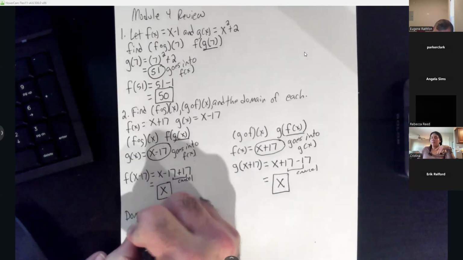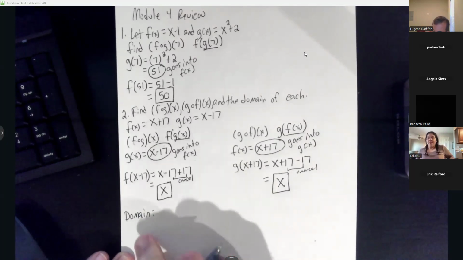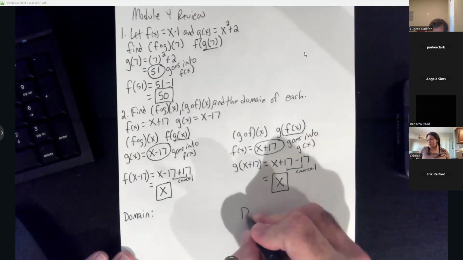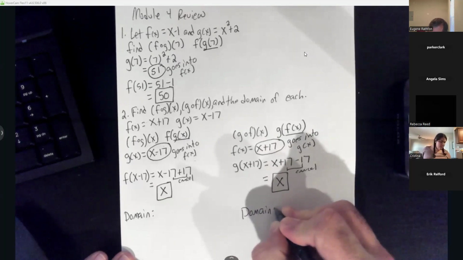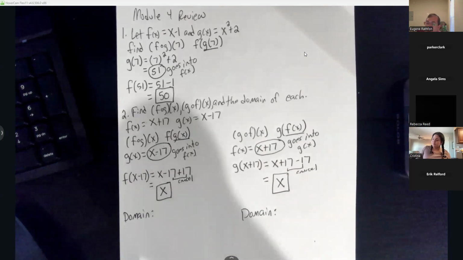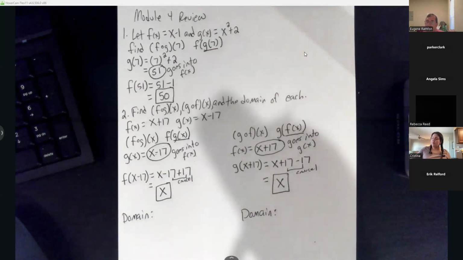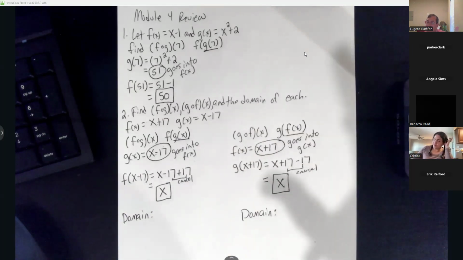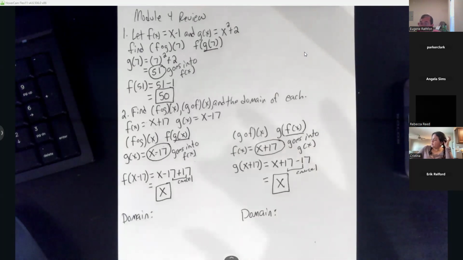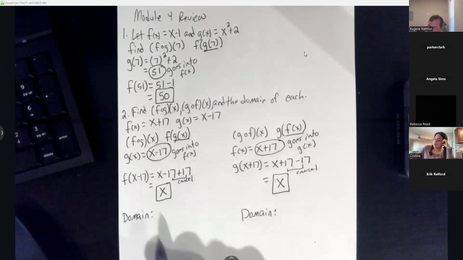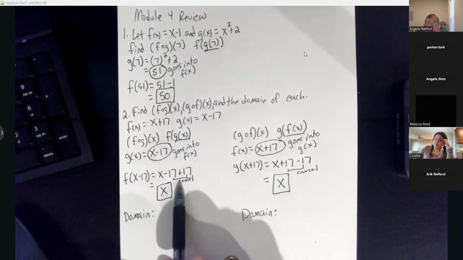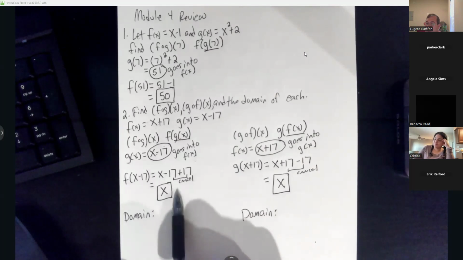All right, so now let's start some domains. First, I'll do the domain of f of g, and then over here, I'll find the domain of g of f, okay? Now, they want me to write the domain in interval notation, so that's using parentheses and negative infinity to positive infinity. My question is, do I need to kick out any numbers from my domain working these first functions?